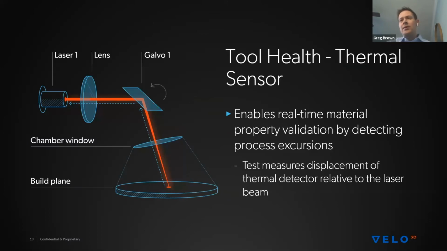The last thing I want to get to, and this ends up being very important when we get to the defect detection side of things, is the thermal sensor alignment. So the system is basically equipped with an on-axis detector, where we're looking at the thermal emission of the melt pool that's coming back from where we're firing the laser. If you look on the left, the main red path, that's the forward path.